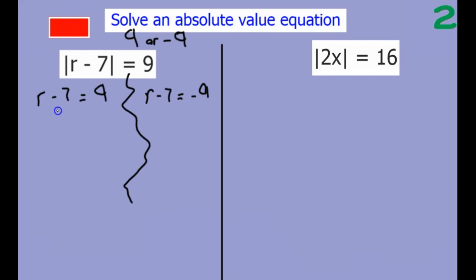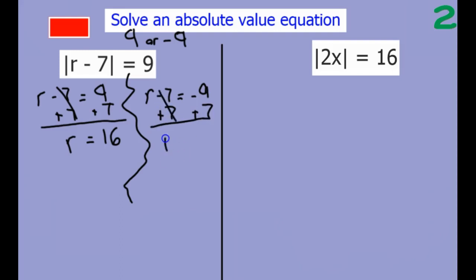Now we solve this just like any other, so we add 7 to both sides. What we're left with is r equals 16, and we would add 7 to this side and add 7 over here.